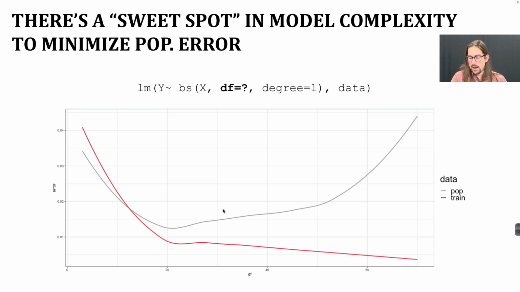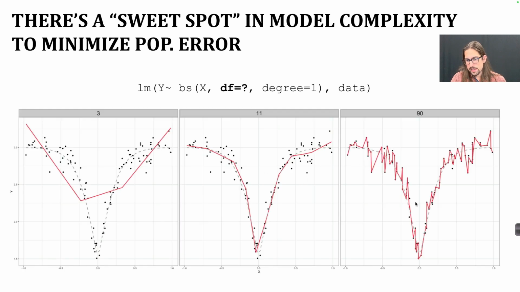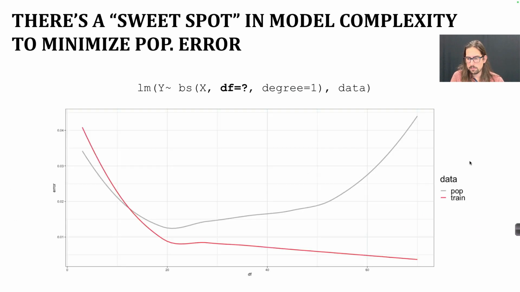But that means the fit, if you look from here to here, has actually gotten worse in the population. We're not observing the population data, but that's represented by this gray line. That's the function that we would like to be fitting. So the population error may be decreasing, but then it's going to start increasing at some point because this is what we call overfitting. We are overfitting the training data, which means that we start to fit worse on the population.